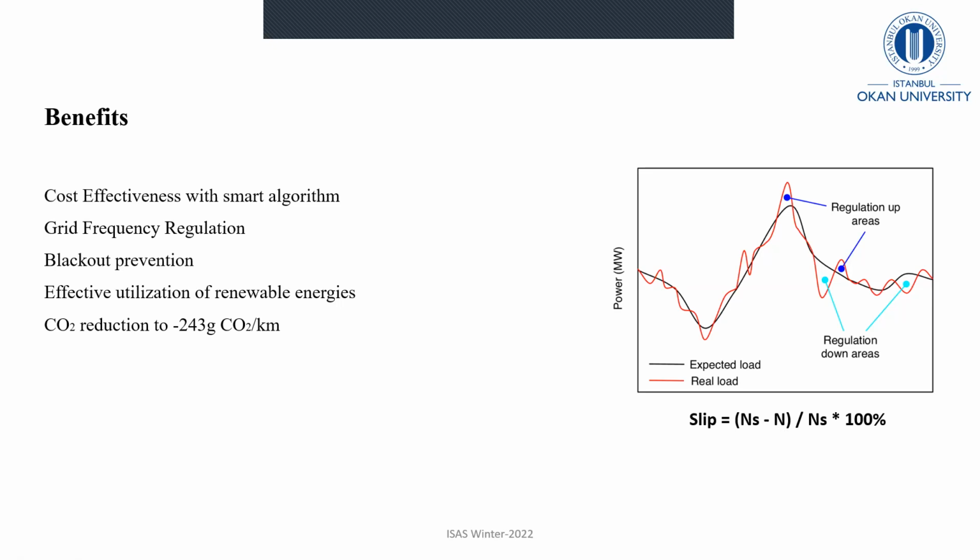That rise in frequency from the normal range makes disturbances and can even cause blackouts. Similarly, if it goes under, for example, your regular frequency is 50 hertz, but if in your grid system there is a higher requirement of the load, that will happen when electric vehicles are coming in.